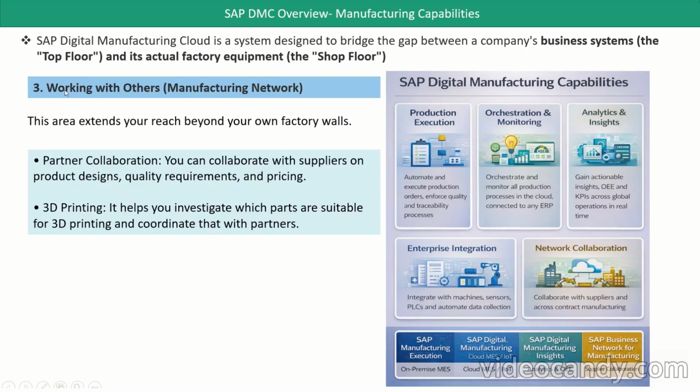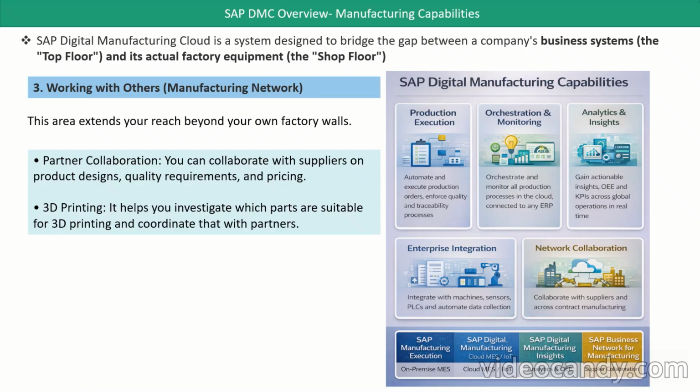Coming to the next, working with others, that is nothing but the manufacturing network. That is collaboration, collaborating with parties outside of our company's network. Here we can do partner collaboration, like collaborating with suppliers on product design, quality requirements and pricing.